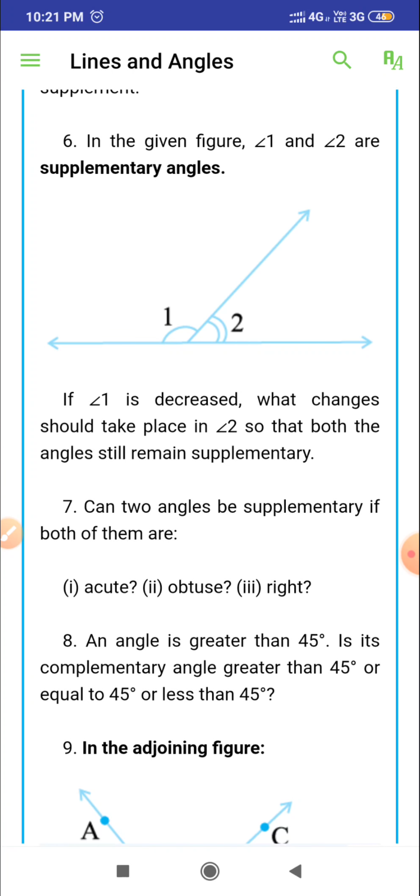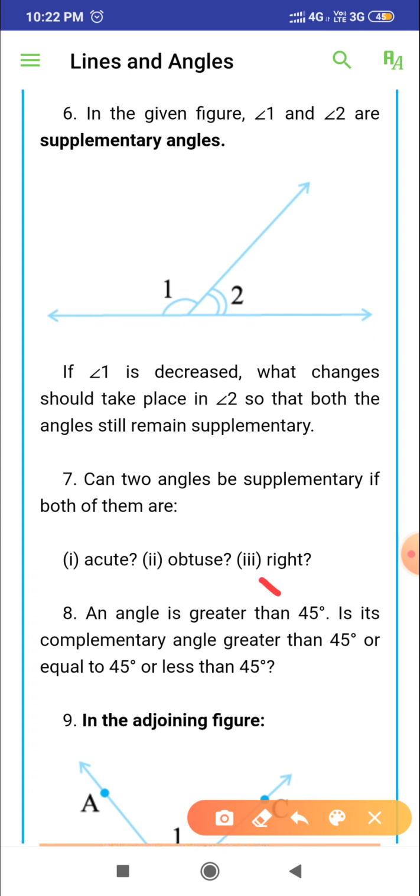Similarly, if two angles are obtuse, their sum exceeds 180 degrees. But when two angles are right angles, definitely their sum is equal to 180 degrees. So the right option is part C. Two angles can be supplementary if both of them are right angles.